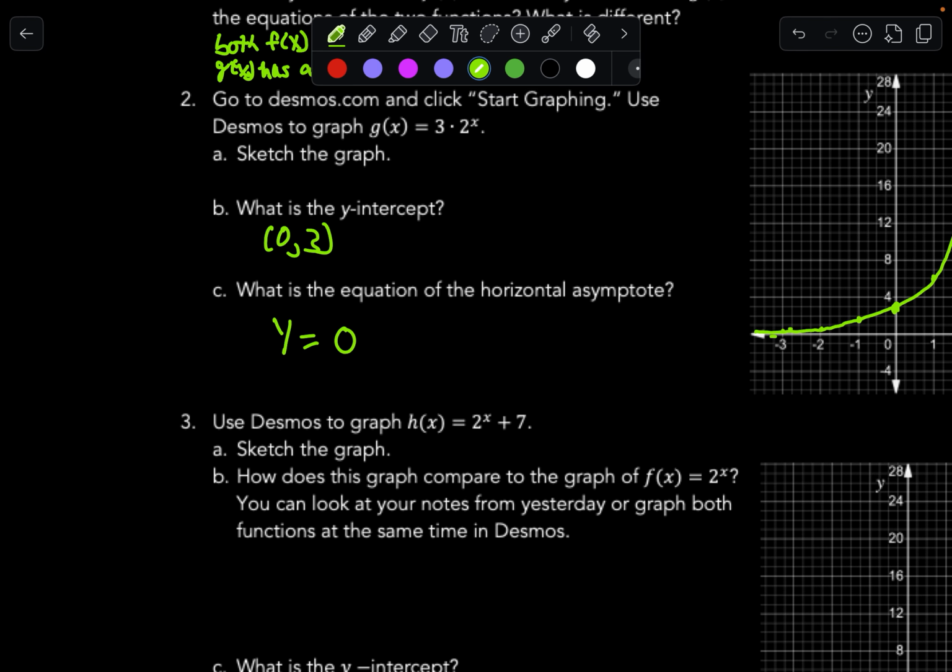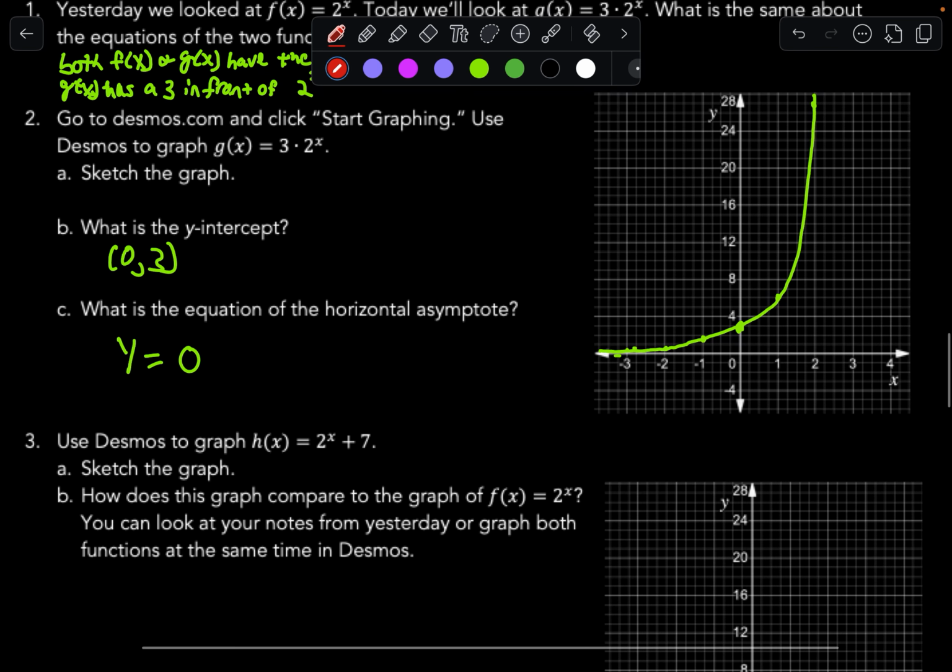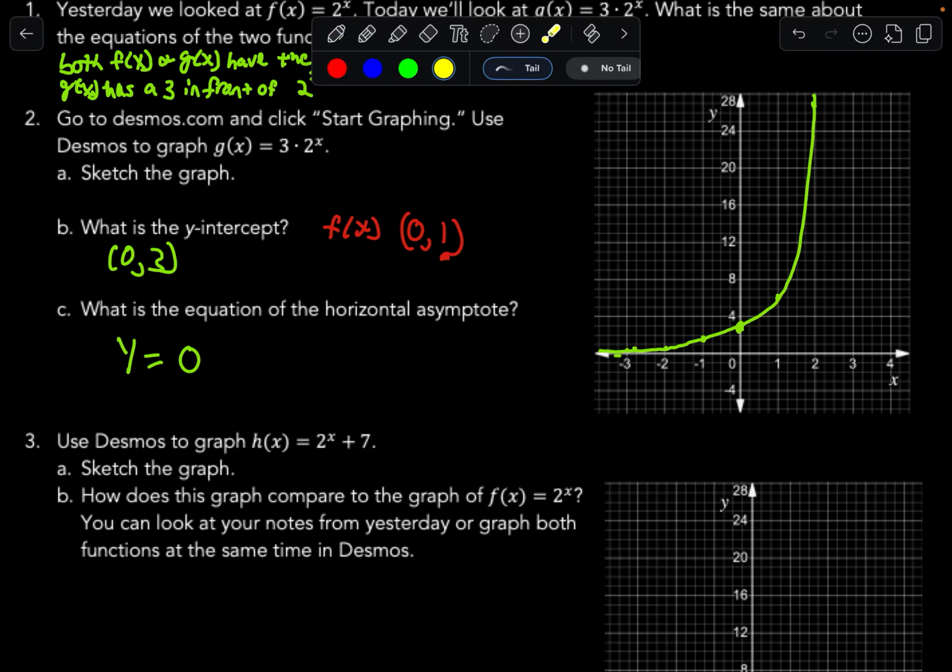So the y-intercept of the original function f of x was (0, 1). Now with the 3 in front, we're multiplying the output of f of x by 3. So the original was 1, and then we multiplied that by the 3 in front right here. We get the output to be 3.